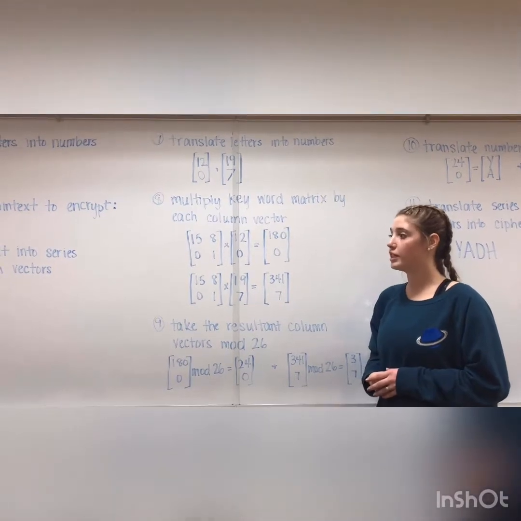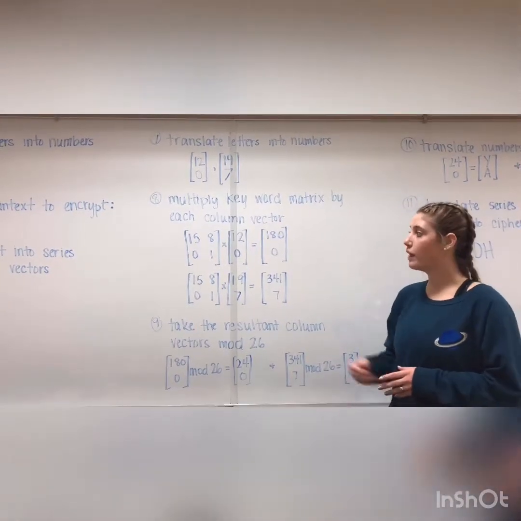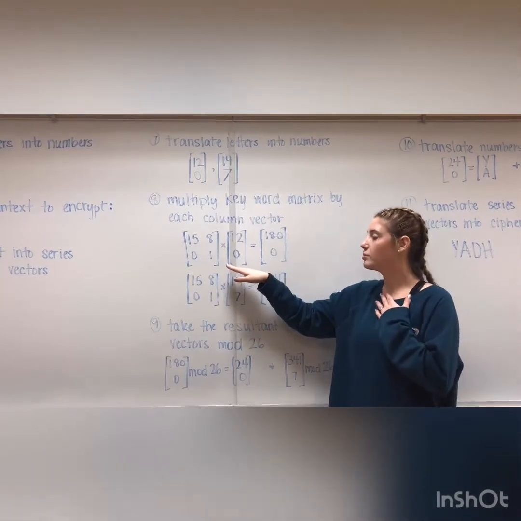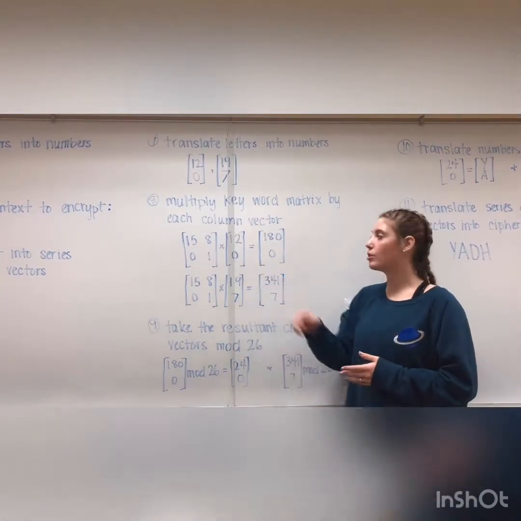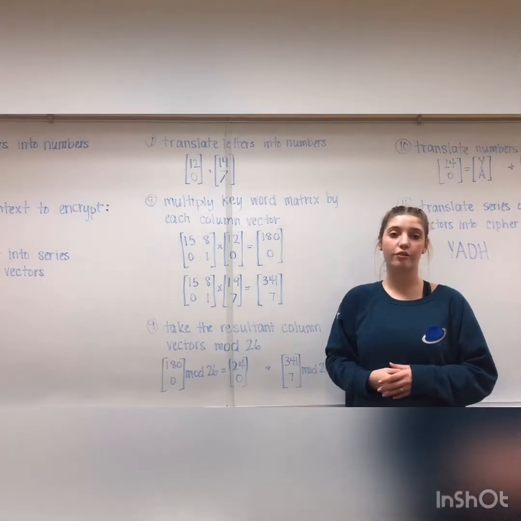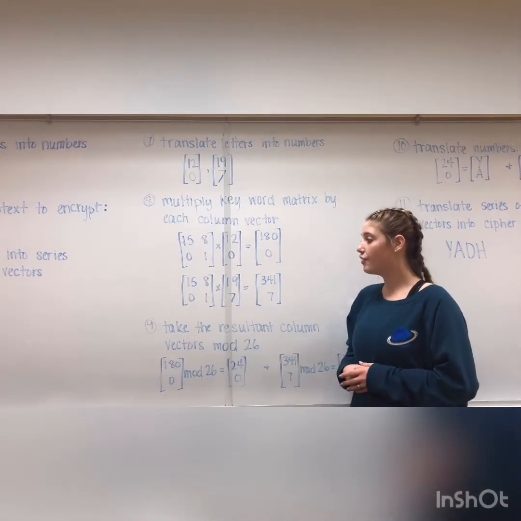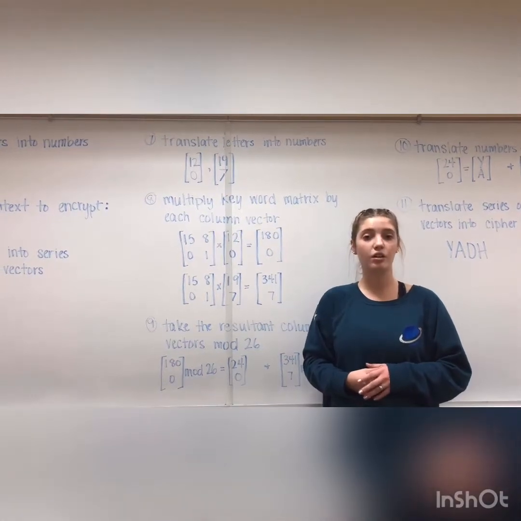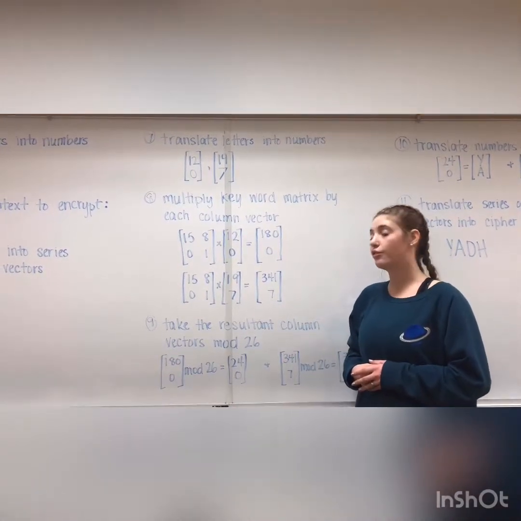So the keyword matrix that we found earlier, 15, 8, 0, 1, is multiplied by 12, 0, resulting in 180, 0. Then again, 15, 8, 0, 1 multiplied by 19, 7 results in 341, 7.